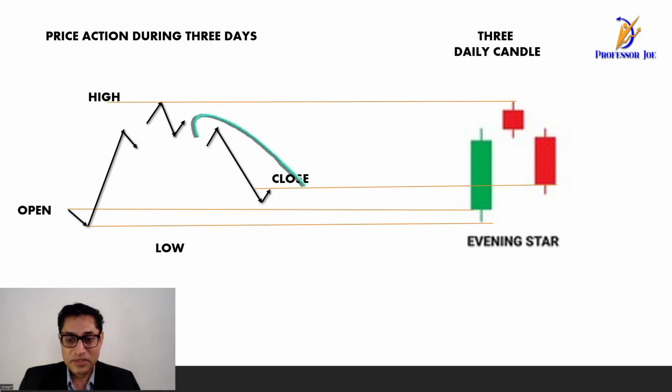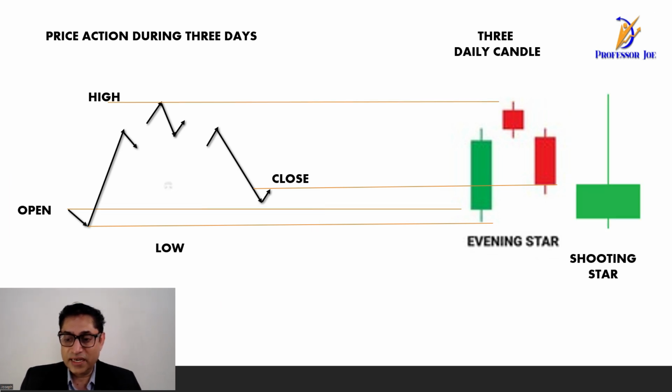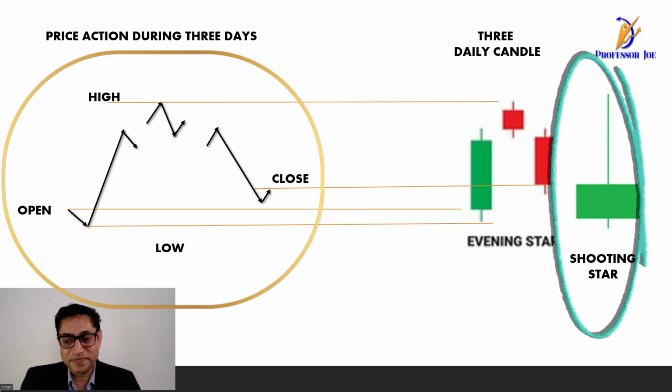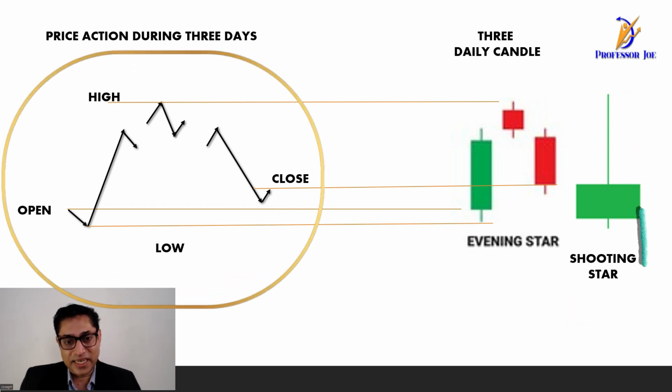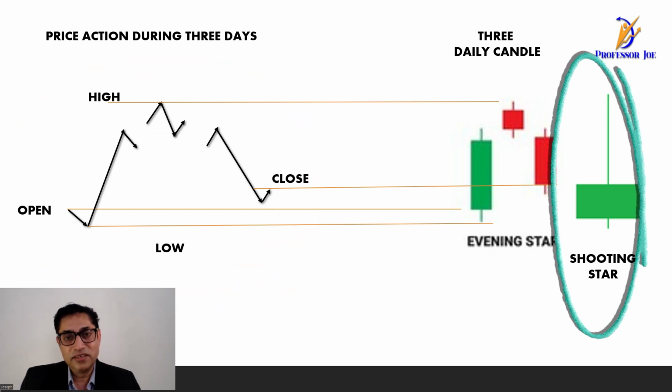Now, if you put all the three candles together with the opening, low point, high point, and close point, you will see that the candle is looking like a shooting star. So it's a clear indication that the price action is bearish. When you look at an evening star, it basically represents a shooting star, which is the bearish candlestick pattern.